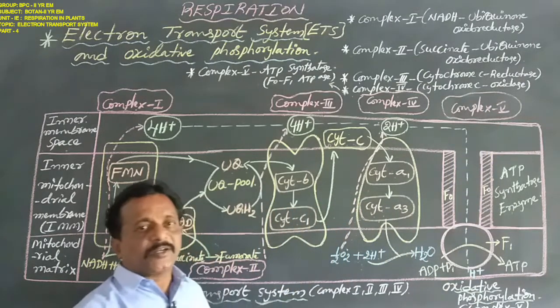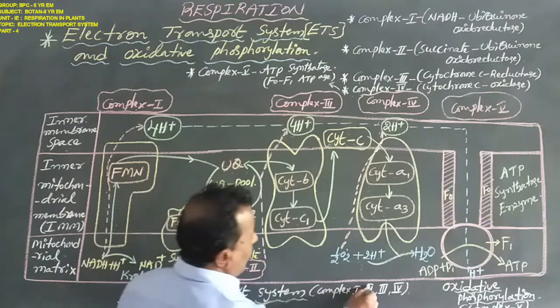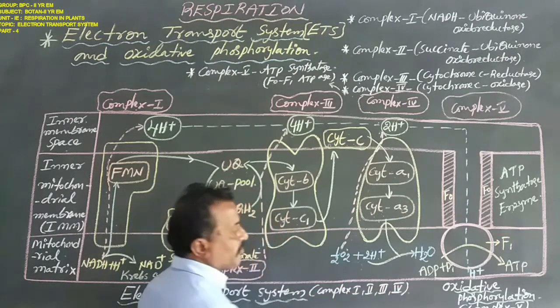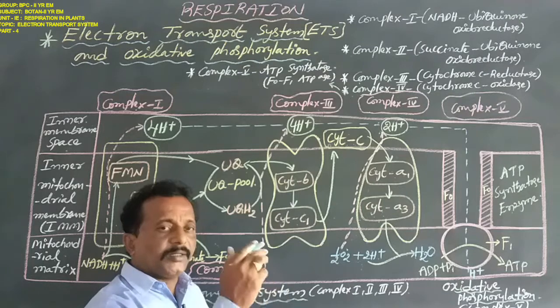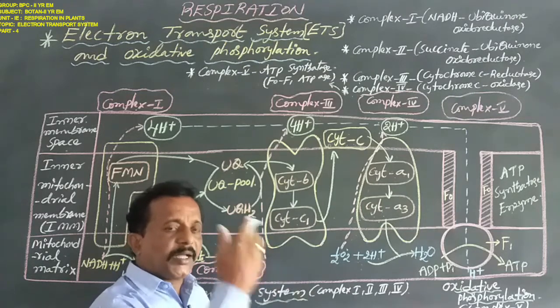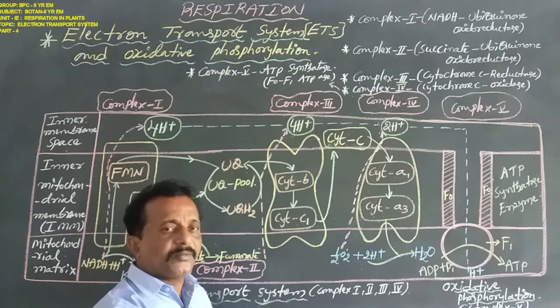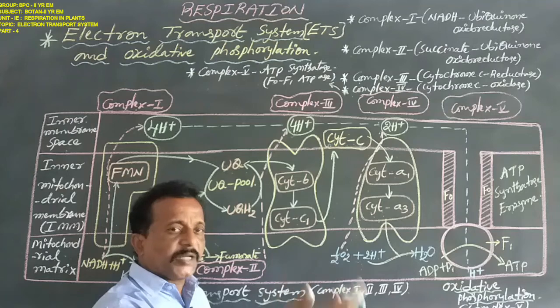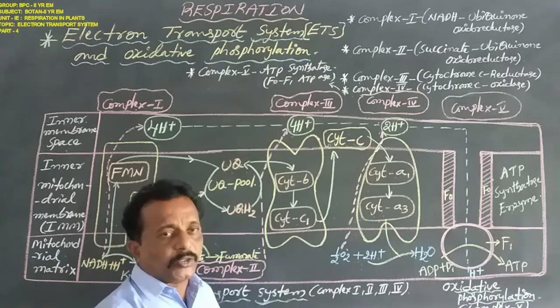So the electron transport system mainly involves complex 1, complex 2, complex 3 and complex 4. The electrons are transferred from one carrier to another and finally reach the final carrier, molecular oxygen, forming one water molecule.